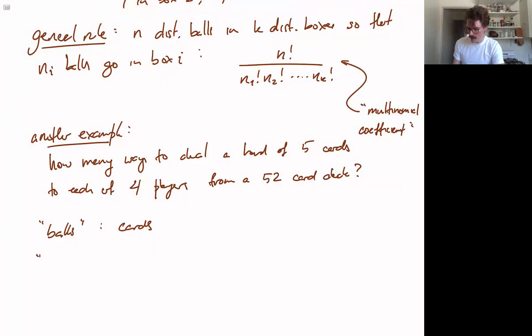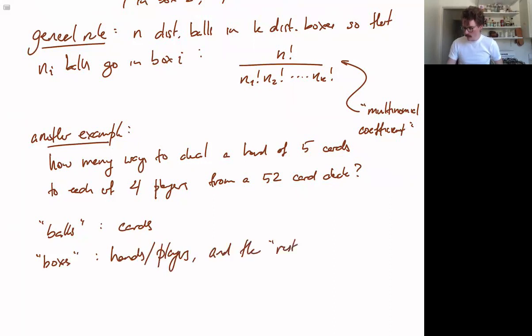And the boxes are the hands, or let me say, the 4 players, and the rest of the deck. So this is the little subtlety, is that we have to remember to include the 5th hand, which is all the rest of the cards.